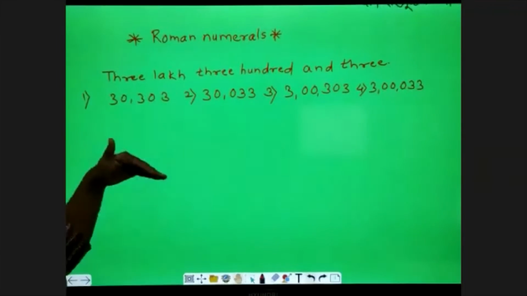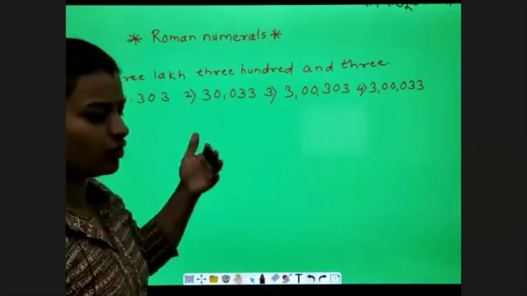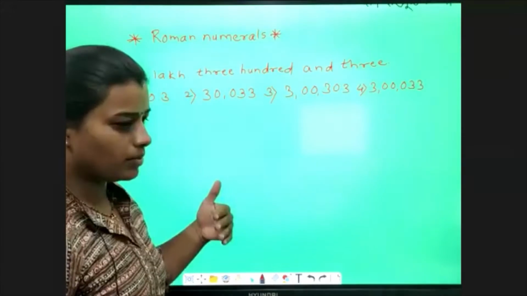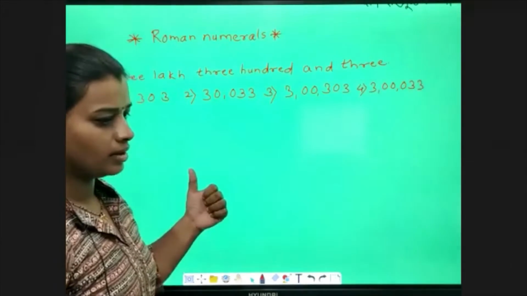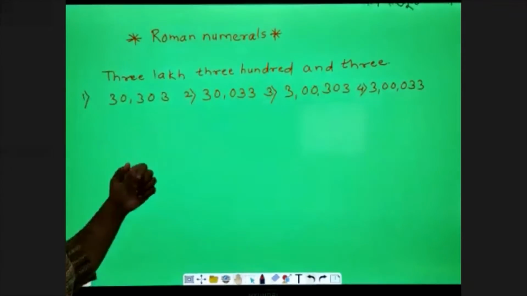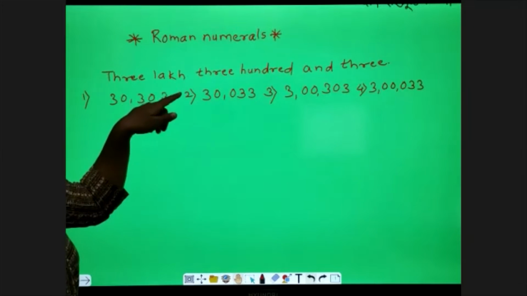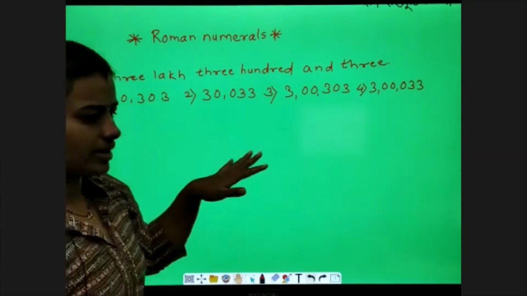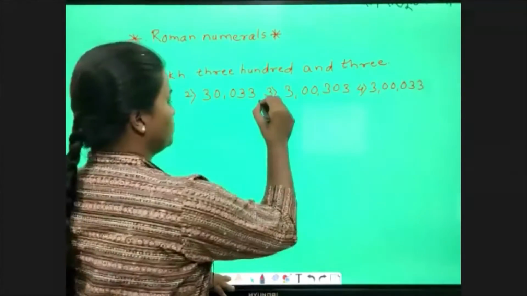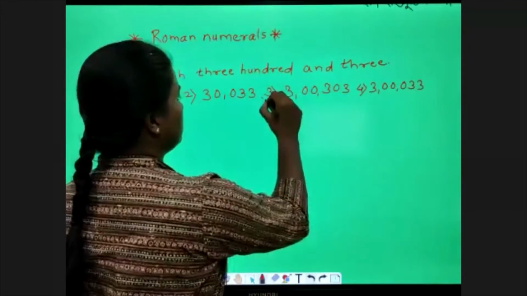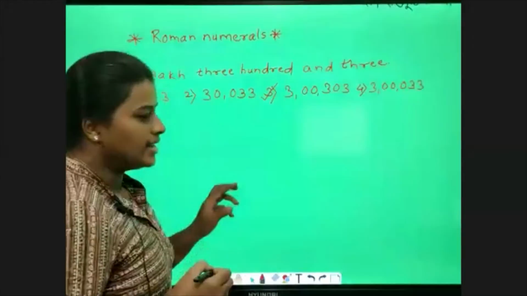Check where commas are given, after which number and before which number. Yes, it's 3 lakh. So our right option is option number 3.